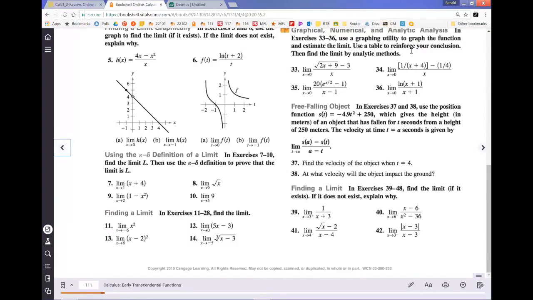Use a graphing utility to estimate the limit. All right. So use a table. Here's what I'm going to do. Find the limit by analytic methods. You know, this is where you actually use algebra, and this is what I would test you on.